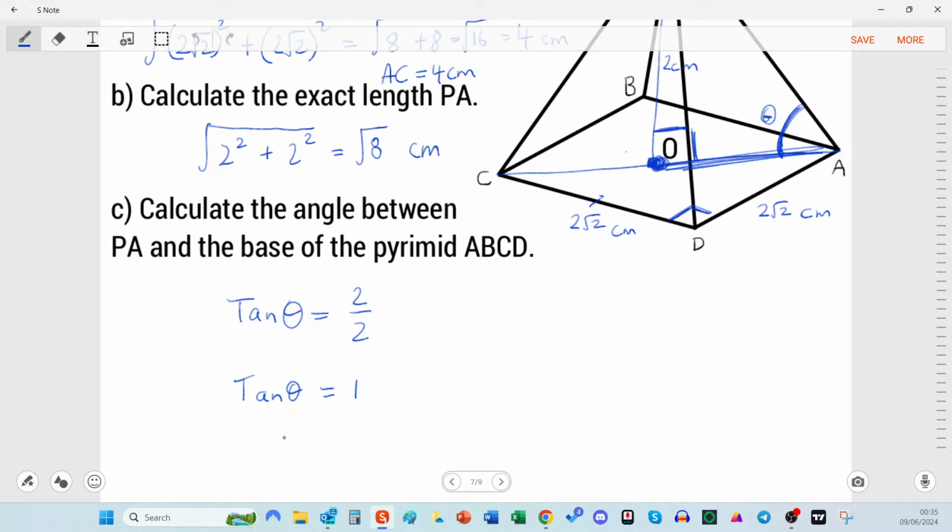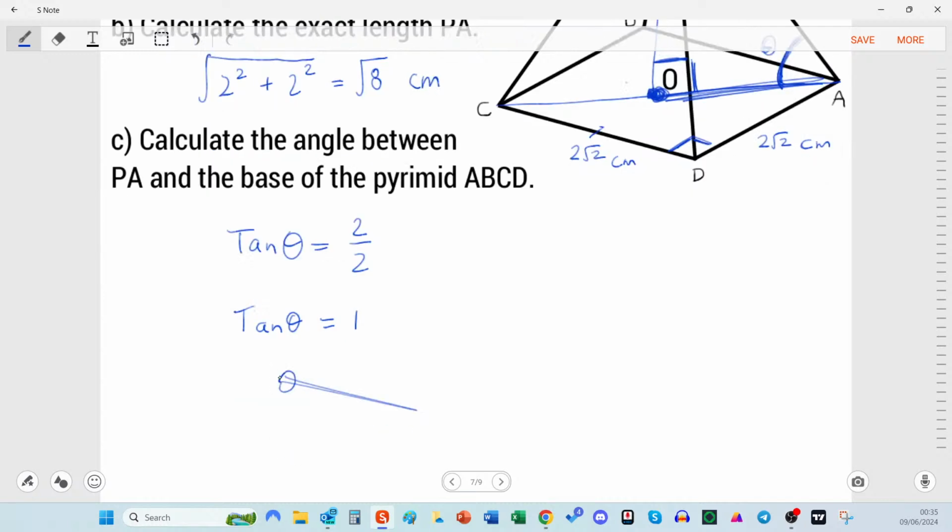So, in this case, because we want theta, we don't want tan theta, theta is 45 degrees, because it's true that tan 45 equals 1. So 45 was the missing piece there. That's what theta is.